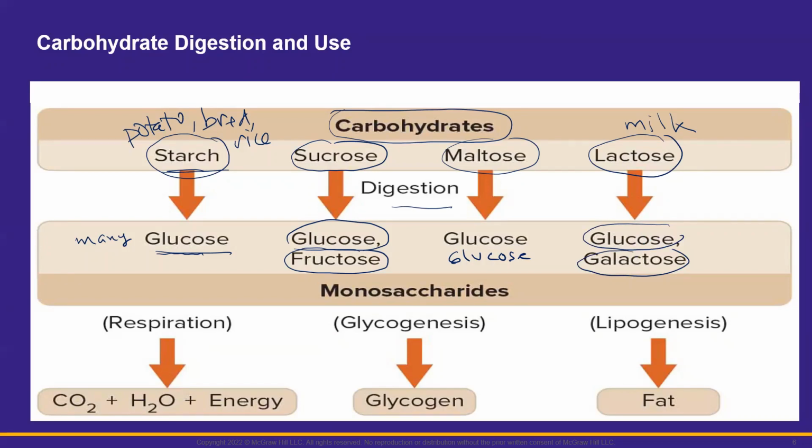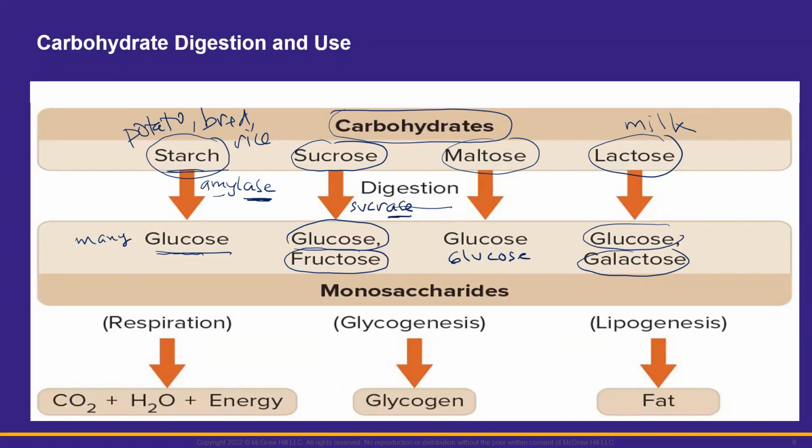And usually for this digestion in our body, they require enzymes. The enzyme that digests starch is called amylase. Amylum is actually starch, so the -ase ending refers to an enzyme, here the one that digests amylum or starch. The one that digests sucrose is called sucrase.